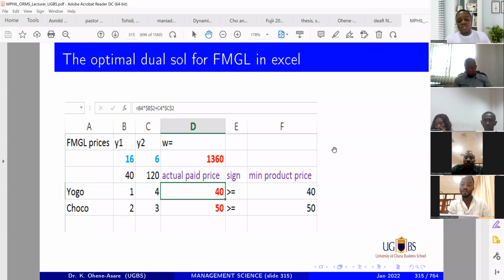So look at the constraint on the left-hand side and the constraint on the right-hand side. The right-hand side is the minimum price you pay for that resource. And then the left-hand side is the actual price you paid. So the left-hand side can be more than the right-hand side. And when the left-hand side is more than the right-hand side, what it means is that you are paying more than the minimum price. That is not good.